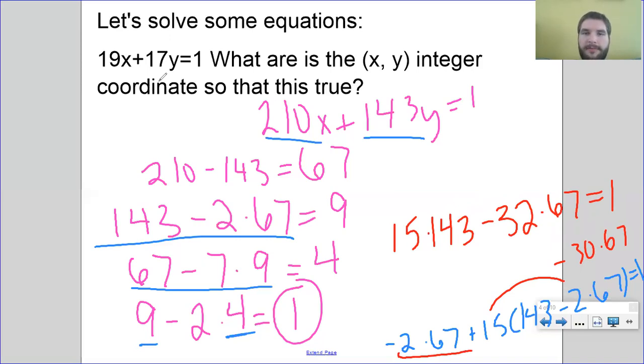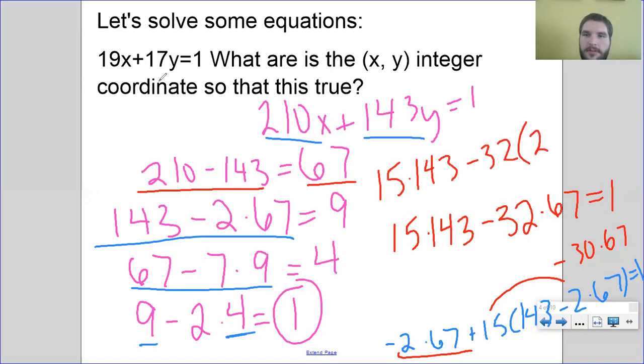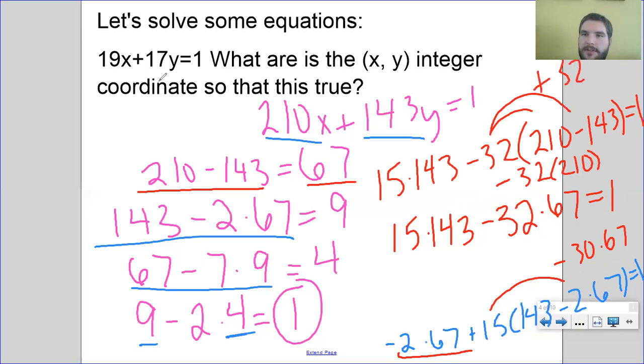And then to the final step, 67 is 210 minus 143. So this is 15 times 143 minus 32 times 210 minus 143 is equal to 1. So this will give us negative 32 times 210 plus 32 times 143, which then brings us to 47 times 143 equals 1.